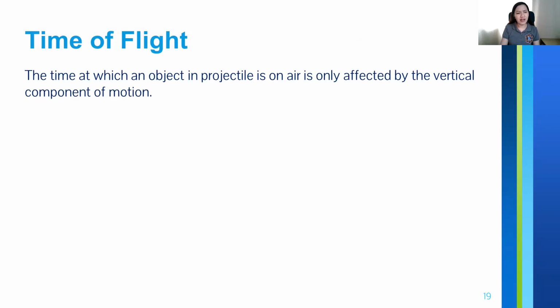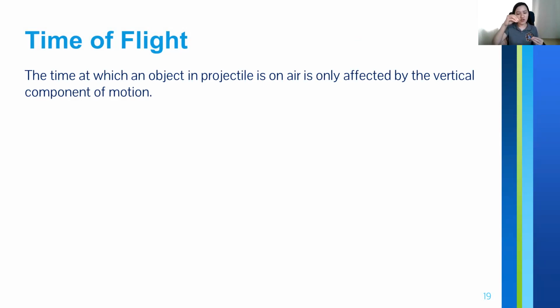Okay, so what is time of flight? The time of flight is the total time, from when it was launched to the point na nibalik siya sa ground. So the time at which an object in projectile is on air is only affected by the vertical component of the motion.